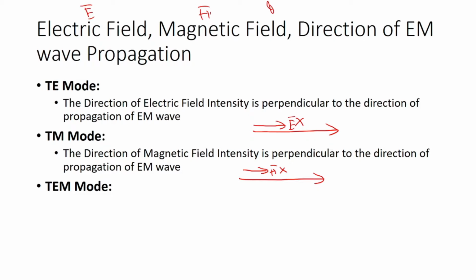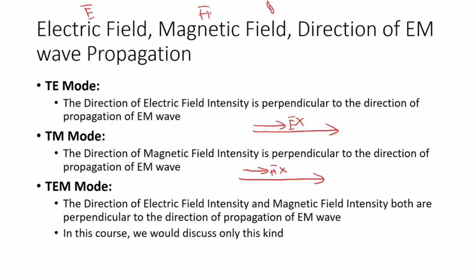In this transverse electromagnetic mode, both electric field intensity and magnetic field intensity are absent in the direction of propagation of electromagnetic wave. That is, if this is the direction of EM wave, then along this direction neither electric field nor magnetic field can exist.